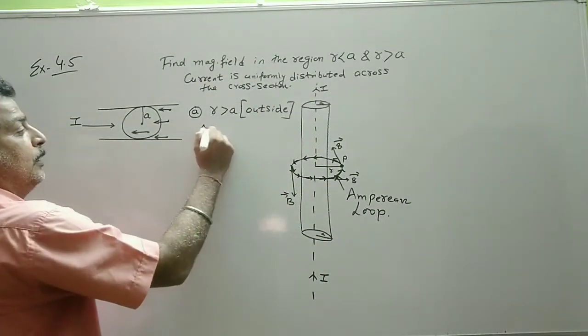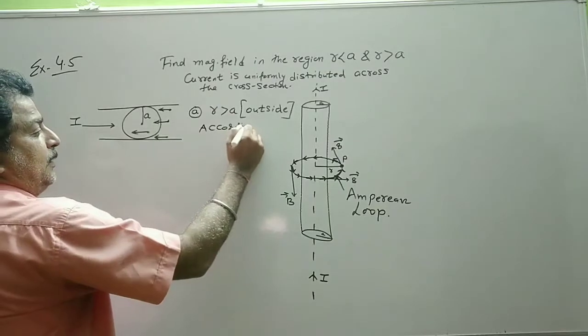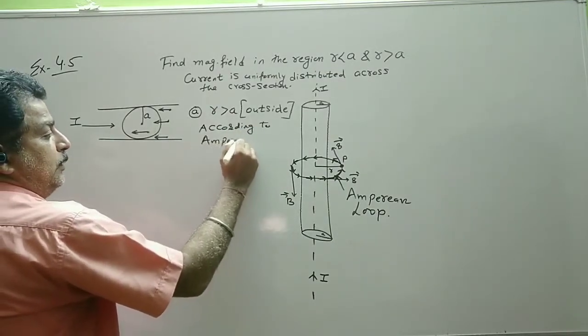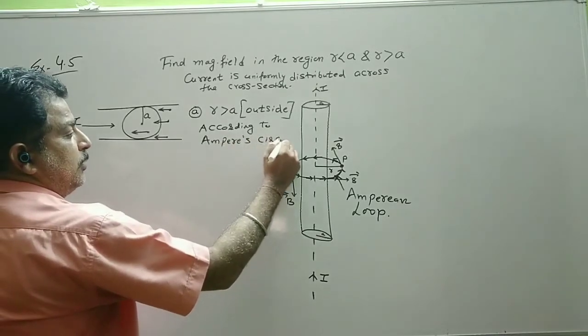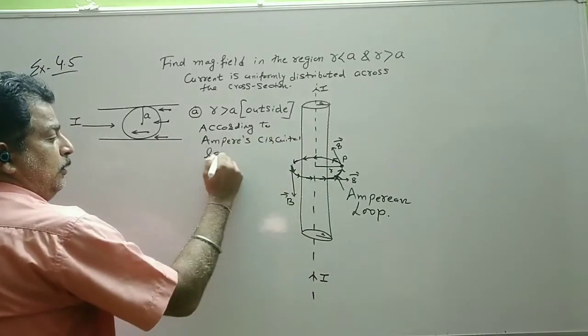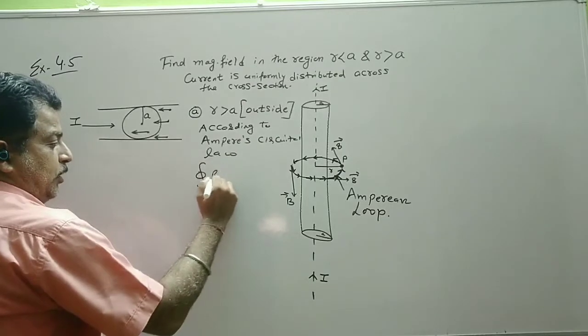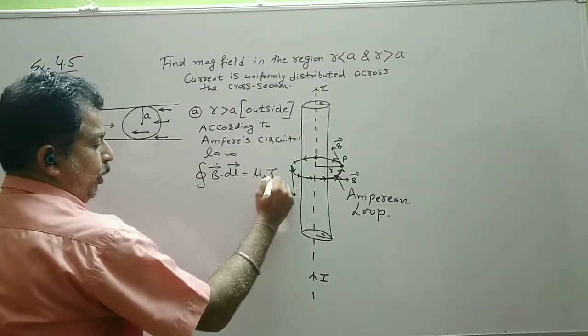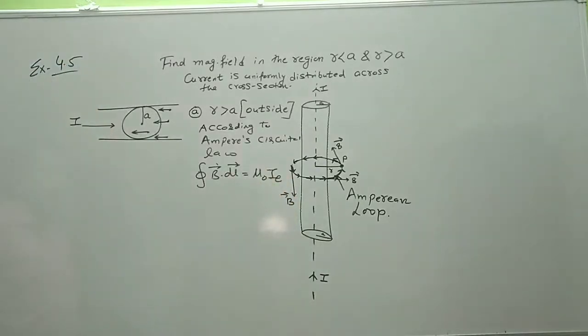So theory can be written like this: according to Ampere's circuital law, the closed line integral of B dot dl is equal to mu naught I enclosed.